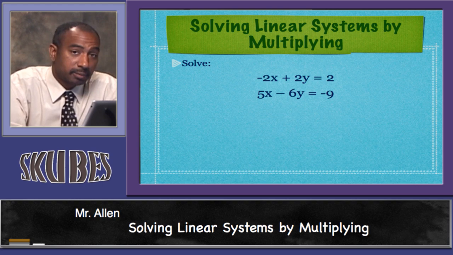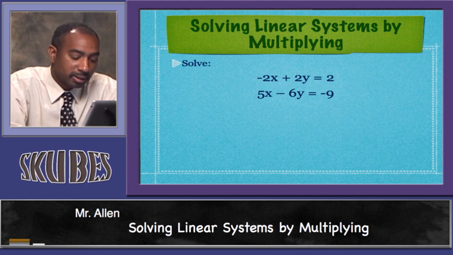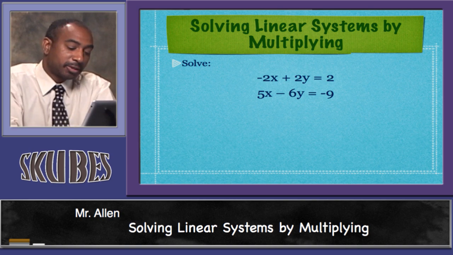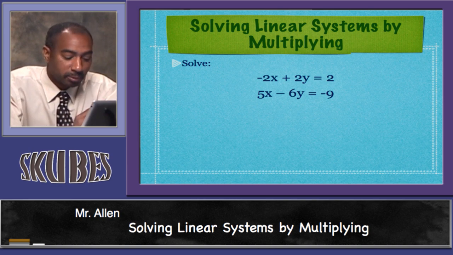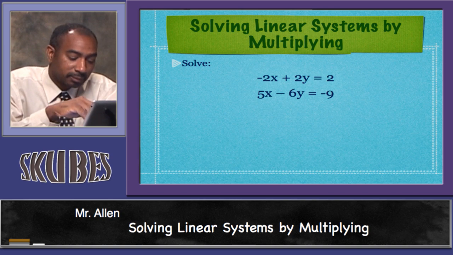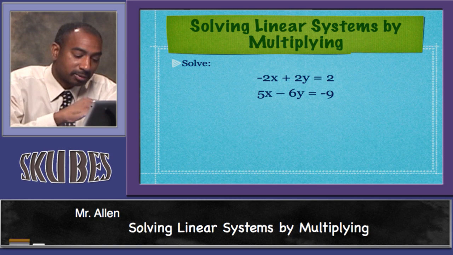Okay, let's solve the system negative 2x plus 2y equals 2, with 5x minus 6y equals negative 9. If you look at it carefully, it'll be easier to eliminate the y terms instead of the x, because all I have to do is multiply the top equation by 3, and I can have an opposite of negative 6.